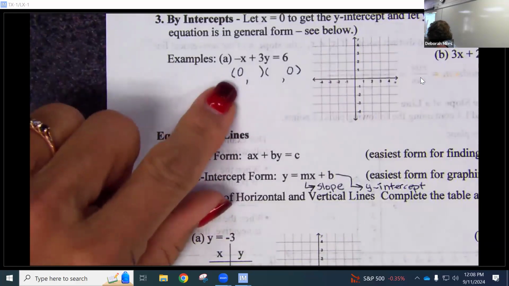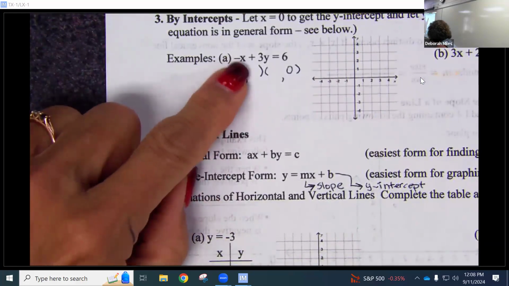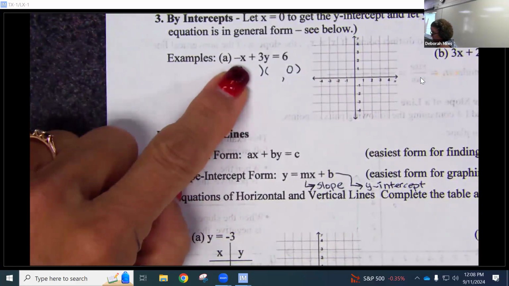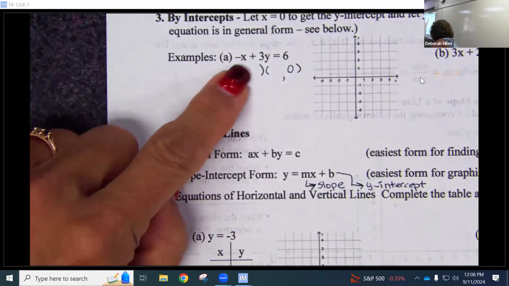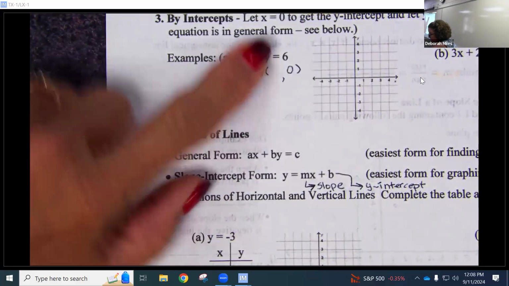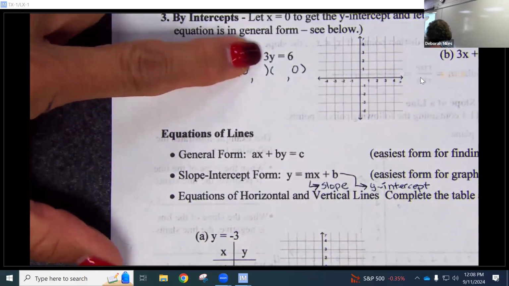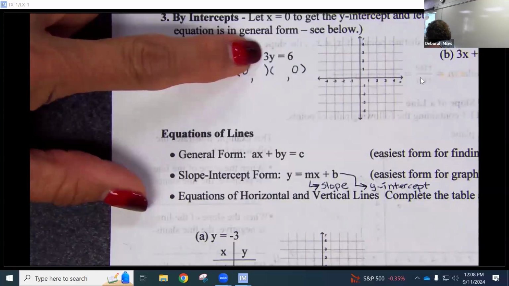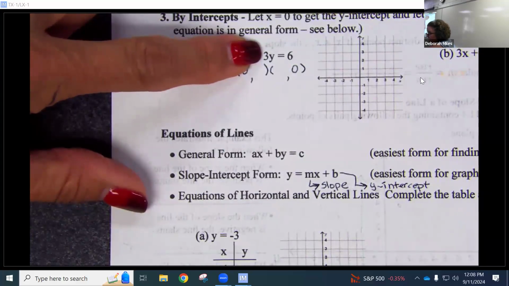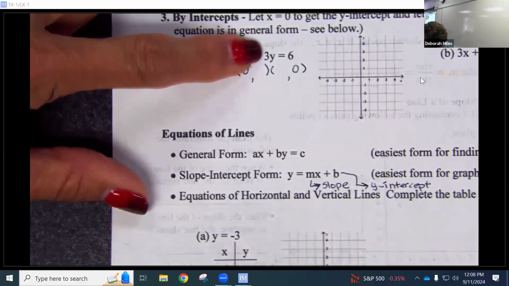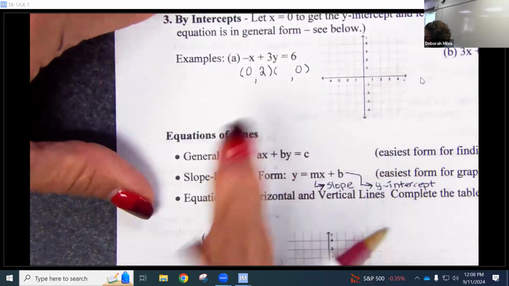And when you let x be 0, what happens to this first term? Just cover it up. You can solve 3y = 6 in your head. If x = 0, y has to be what? 2? That's your y-intercept.